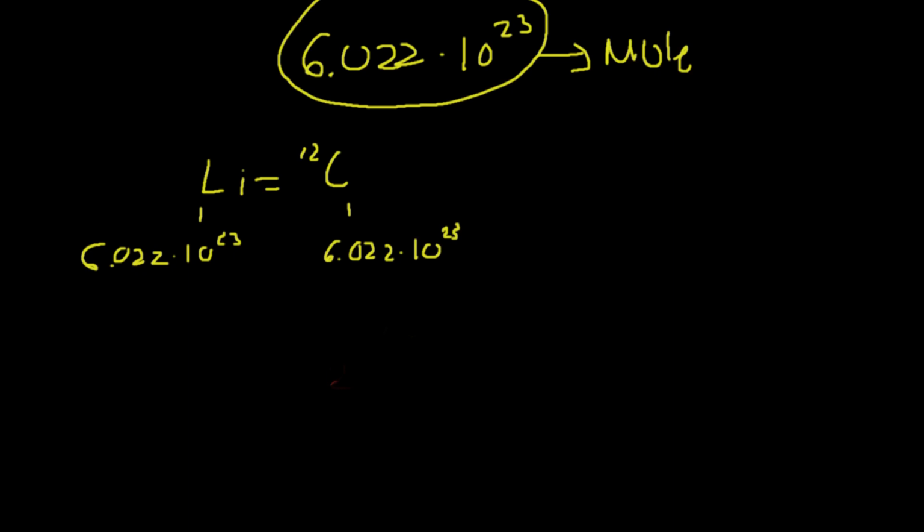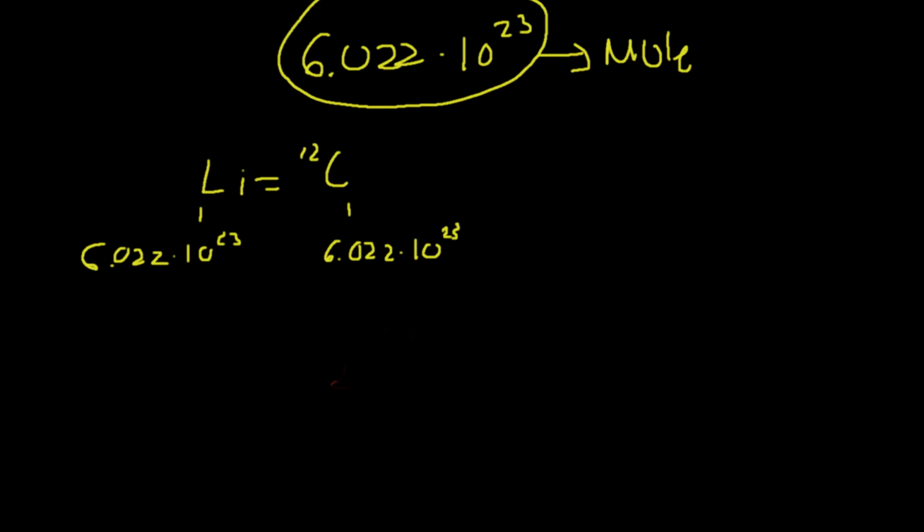Particles are just the amount, and that's the number which Avogadro, that Italian scientist, pretty much formulated, the number of particles inside that atom. The atom does not mean the mass itself. So lithium has a different relative atomic mass compared to carbon's relative atomic mass. You cannot have equal relative atomic masses if they're two different atoms. That's the entire point.